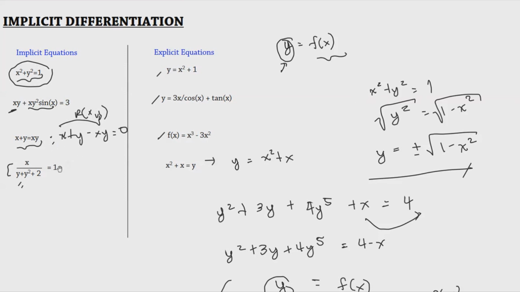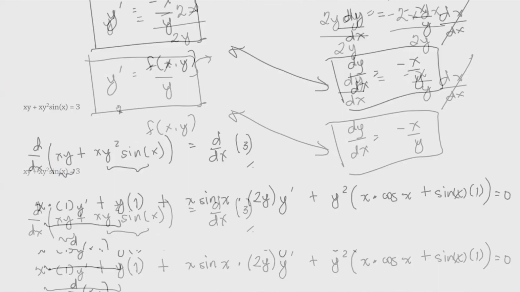For example, let me just give you one. Let's try having something like x over y and then plus cosine of x plus y, that's equal to y. So let's take that for example.